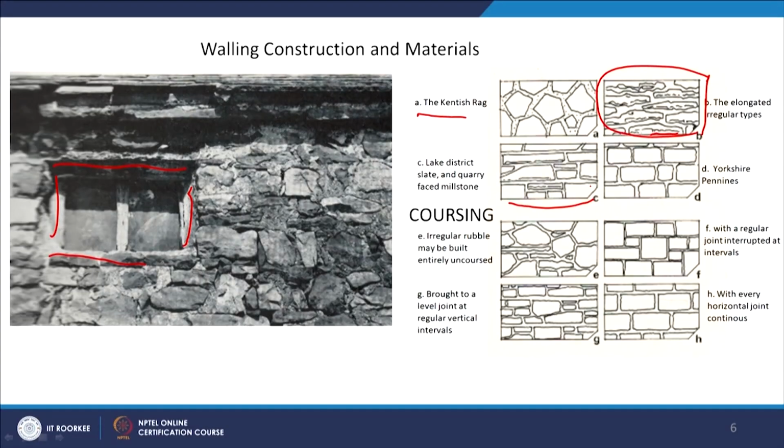In fact, if you refer to much of the literature on stone buildings, you can't escape the Lake District examples. How the quarry-faced millstone, how certain constructions have become very famous because the slate is abundantly available there.